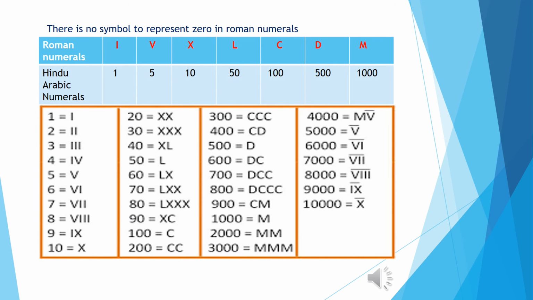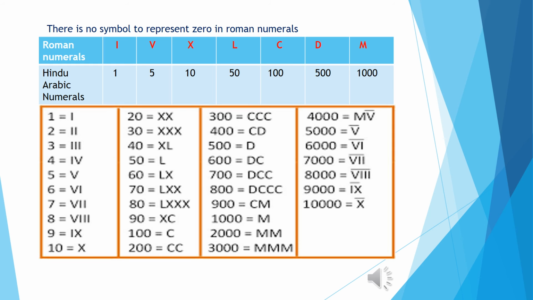There is no symbol to represent 0 in Roman numerals. Let us see the 7 numerals which are used to write the Hindu-Arabic numerals using their combinations. I stands for 1, V stands for 5, X stands for 10, L stands for 50, C stands for 100, D stands for 500 and M stands for 1000.